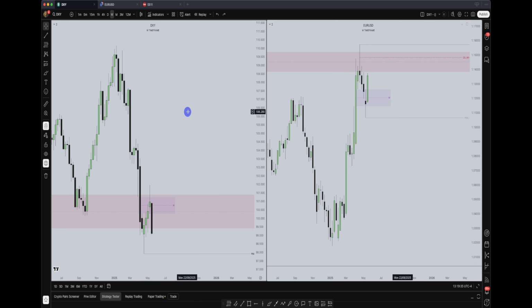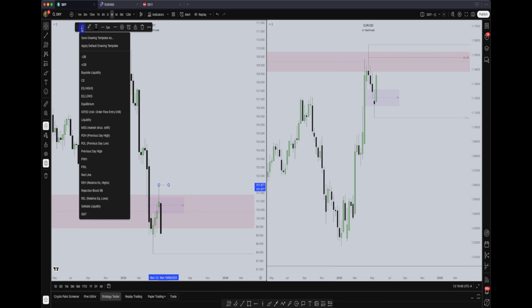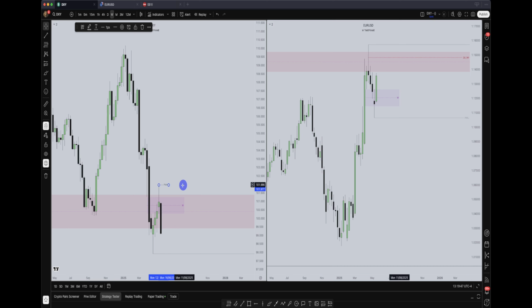Same here, right? So what I will do is mark the previous week high and the previous week low, but this is already gone. I will mark this, not as previous week because it's not the previous, but like sell side liquidity, this low.